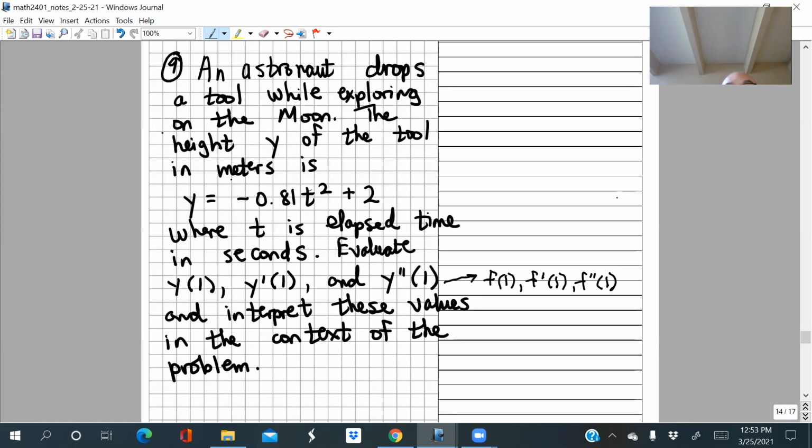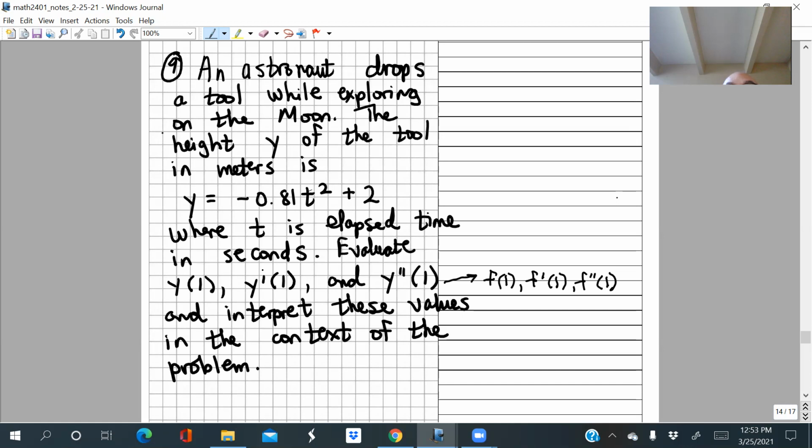This is the formula that gives you the position of the tool after it has been dropped by the astronaut. Here t is elapsed time in seconds, and the y value is the height of the tool in meters, after it's been dropped.